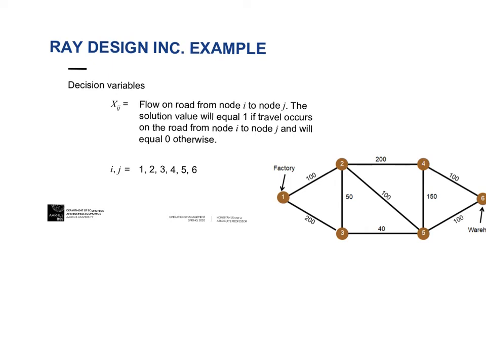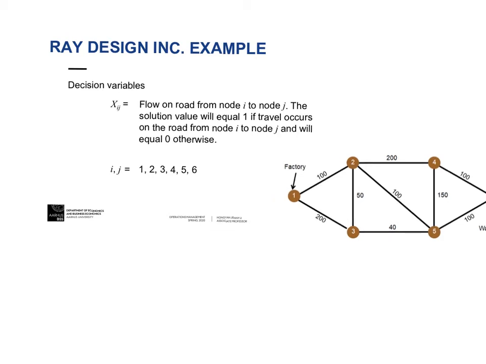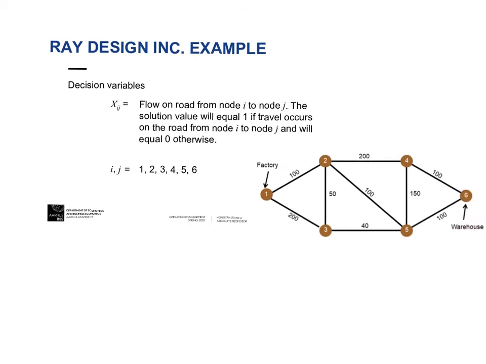In order to model this problem, we first define the decision variables. We define xij as the flow from node, or place, i to place j.